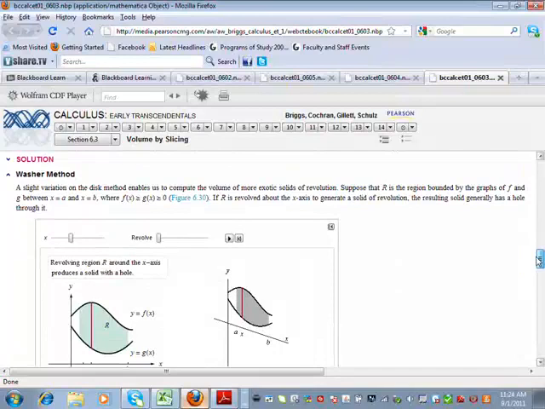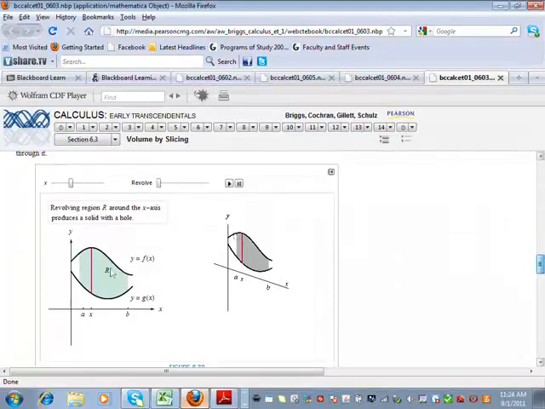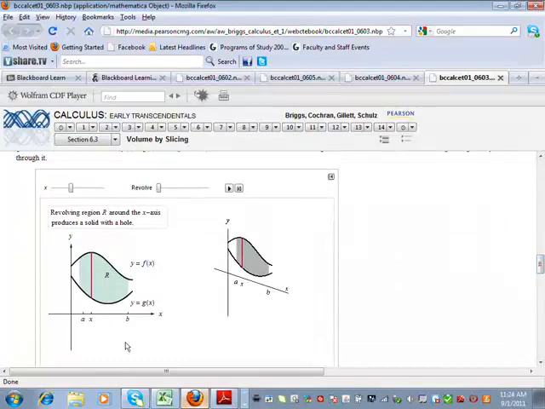The washer method, a slight variation on the disk method, allows us to compute more exotic solids of revolution. So there's F, and there's G, and now we want to rotate that around the x-axis. A washer in this case is a disk with a hole in it.